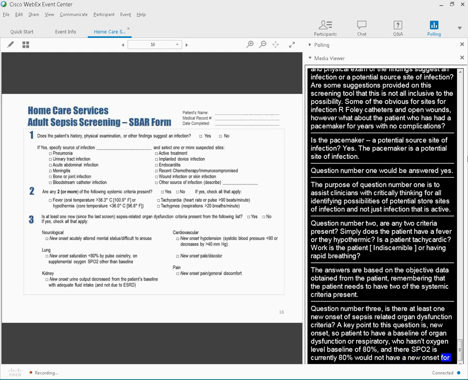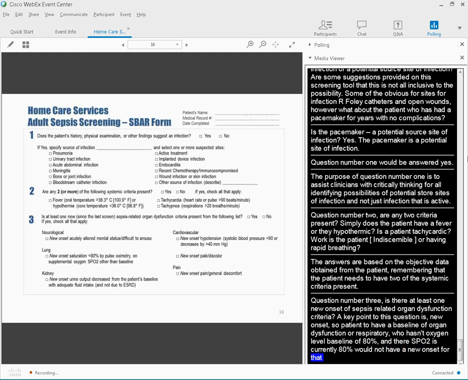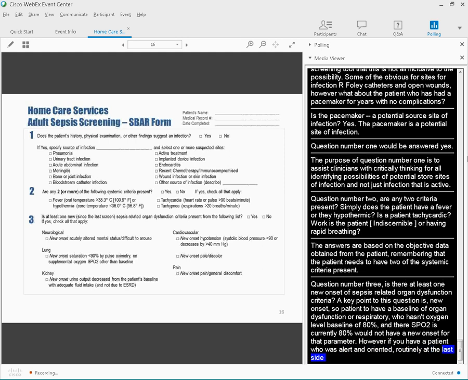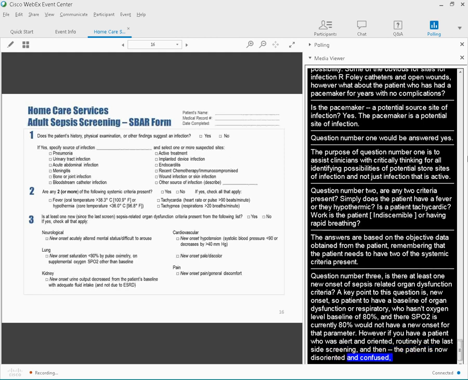However, if you have a patient who is alert and oriented routinely at the last 5 screenings, and then at the 6th screening, the patient is now disoriented and confused, this would be a new onset for neuro, altered mental status.